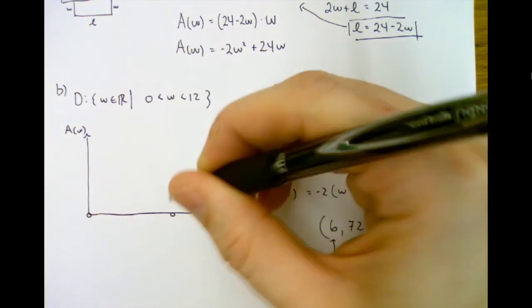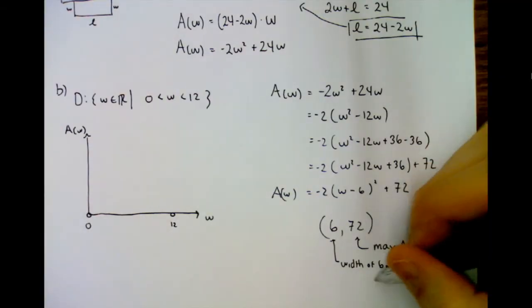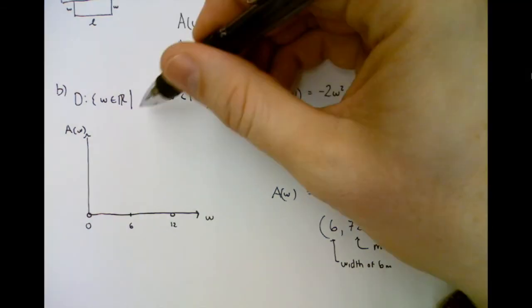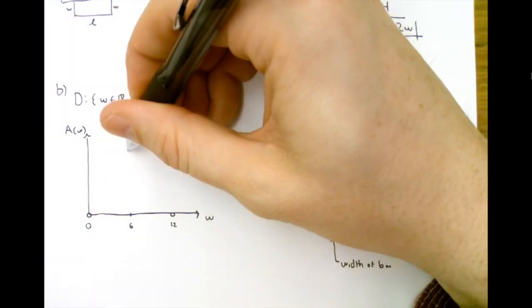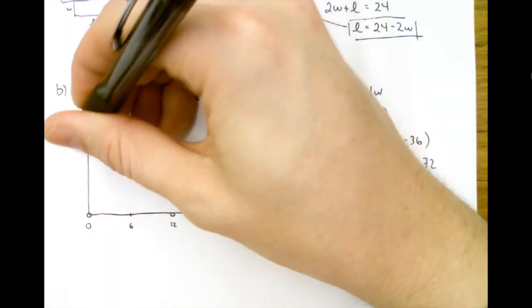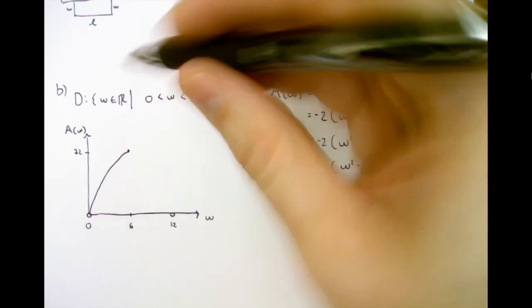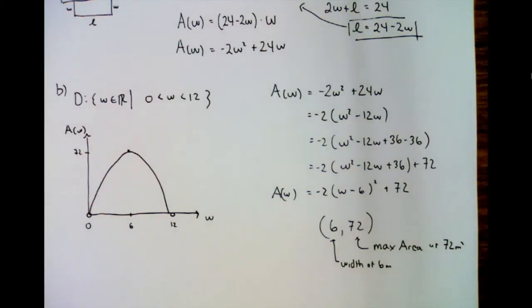Here's 0 and 12. And we know the max occurs at 6, right in the middle, which kind of makes sense. If those are the restrictions, 0 and 12, the middle must be 6. And the max area is 72. So we have a parabola that opens down, has a max of 72, comes back down and hits 12. So there's a picture of what our area does.